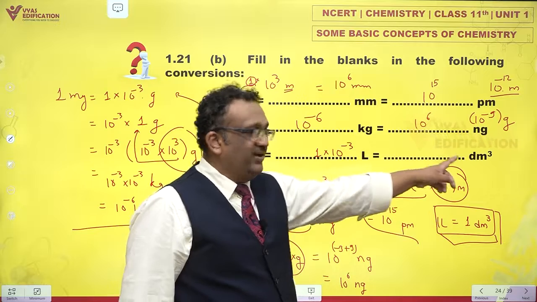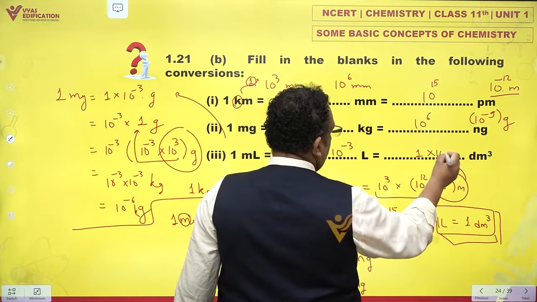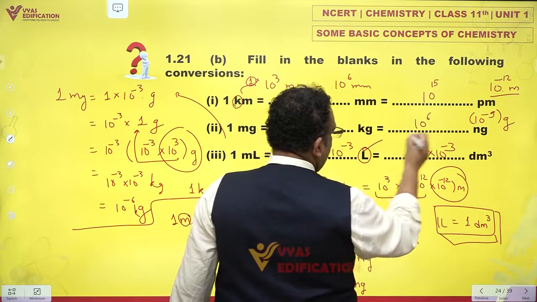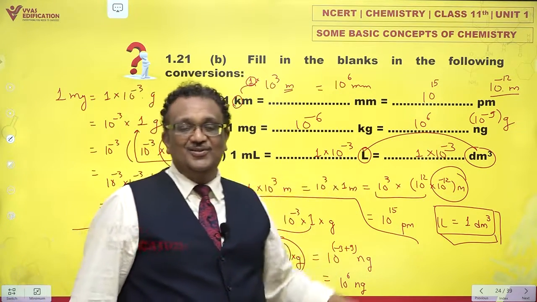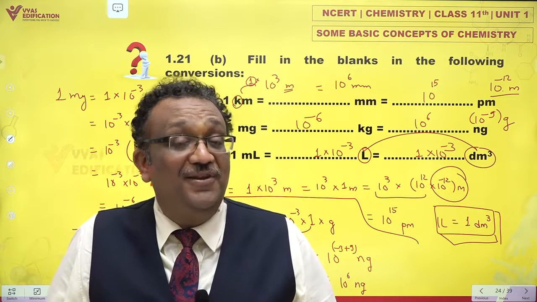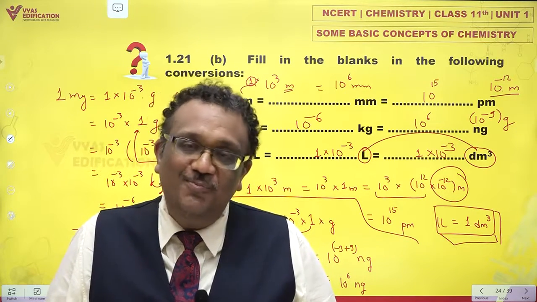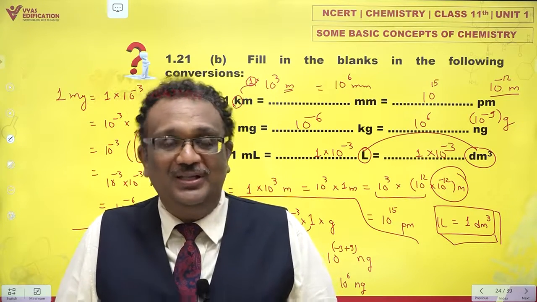So instead of liter, if I write decimeter cube, because liter is same as decimeter cube, 10 to minus 3 liters or 10 to minus 3 decimeter cube. This is a very valuable but a very simple conversion. But this technique is very important. Make sure that you have learnt it.